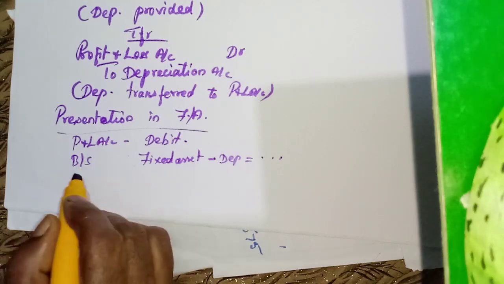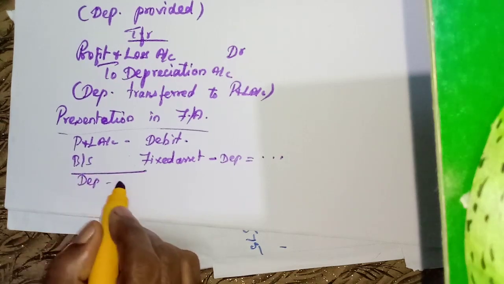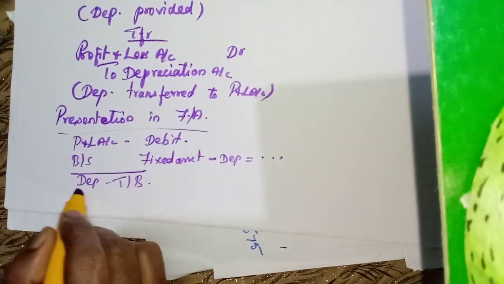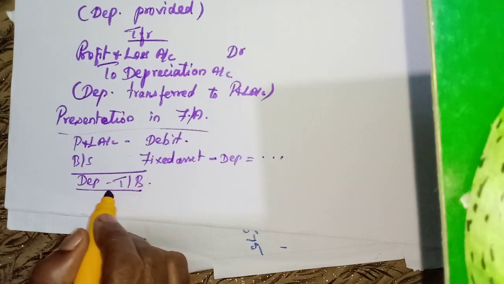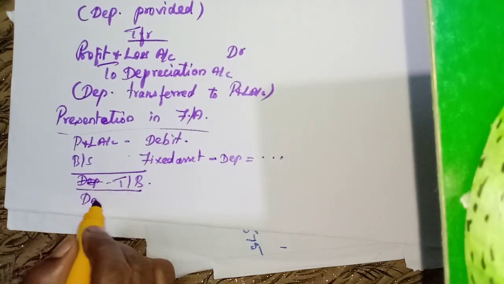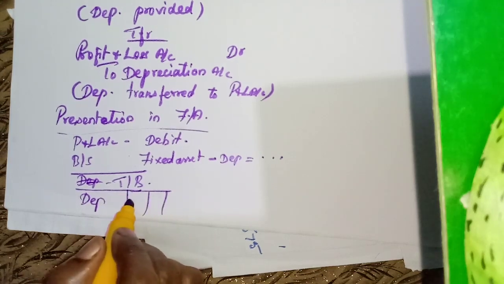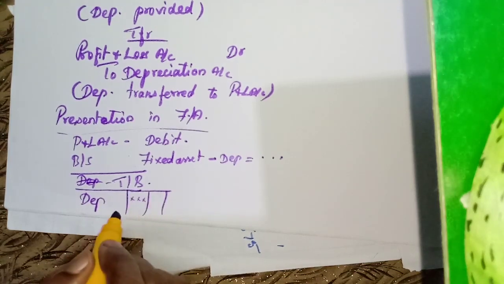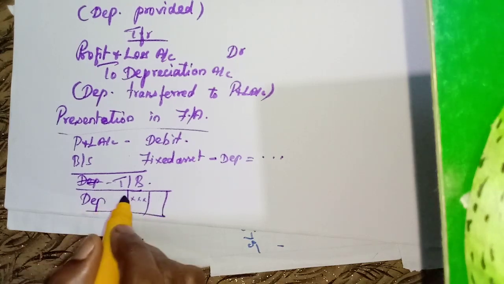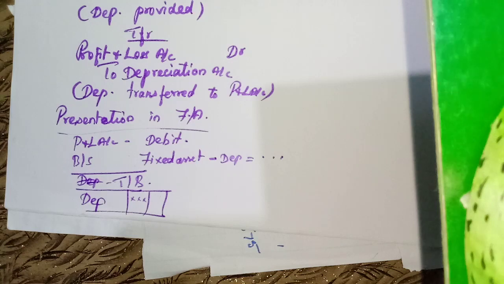Then sometimes the depreciation is shown inside the trial balance. Depreciation is a loss, so they will write it on the debit side of the trial balance. If it is shown in the trial balance, all the other items we have already learned.